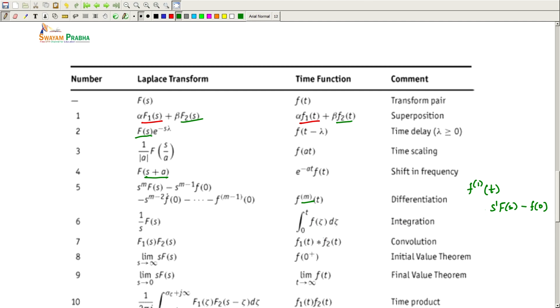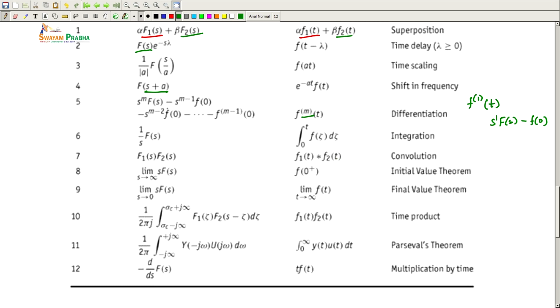So, if I integrate the time domain signal, then the corresponding Laplace transform will be 1 by s into F of s. Then the next most important property is about convolution. So, say we have a signal and a system, and the output will be given by the convolution of the two.